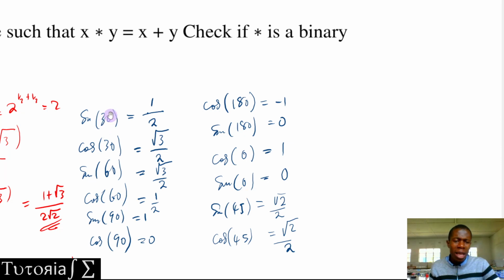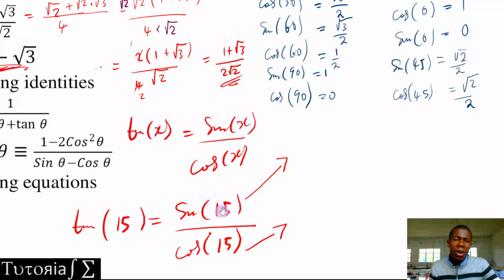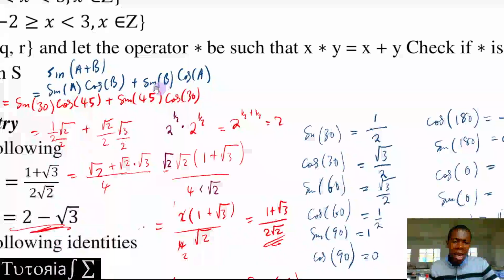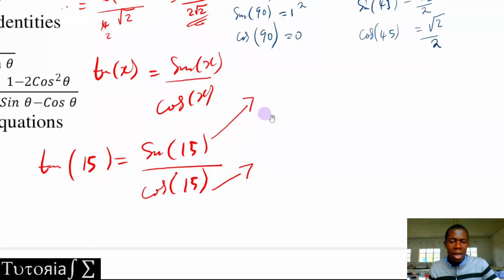Maybe if I use 30 and 45, 30 and 60, or 30 and 90, am I going to get a 15? Simply do that, and after you figure out your sum that will give you 15, you can expand like that, and the same applies to expanding for cos. Then you can simplify just like I did.